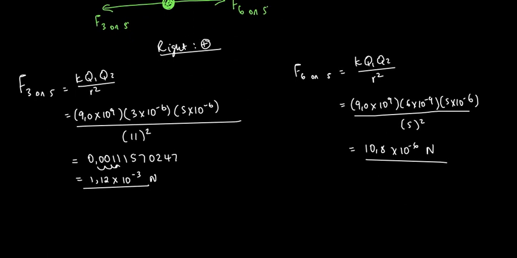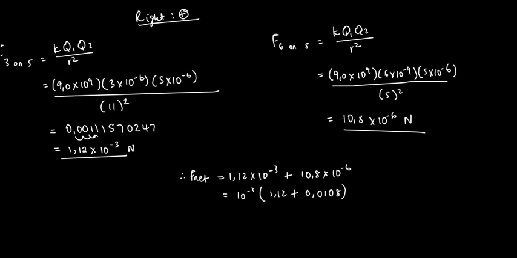Then we can calculate the net force. Therefore the net force is going to be 1.12 times 10 to the power negative 3 plus 10.8 multiplied by 10 to the power negative 6, which is going to be 1.12 plus 0.0108, because that is 3 there.